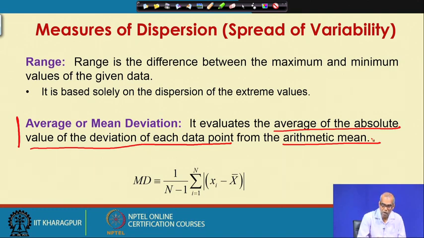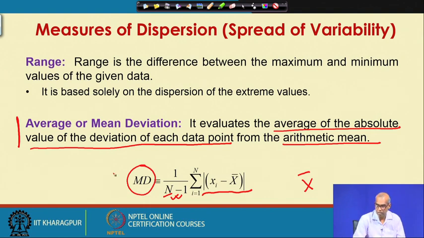You have n data points. So, you find out the absolute difference of each observation from the mean, which is represented as this, and sum those differences and then divide by n minus 1 to get average or mean deviation.